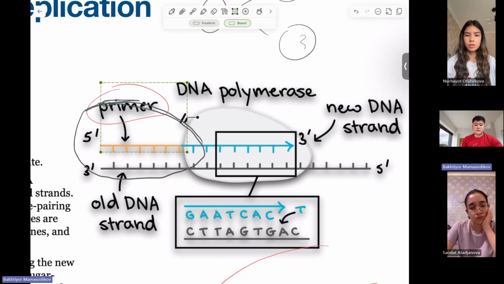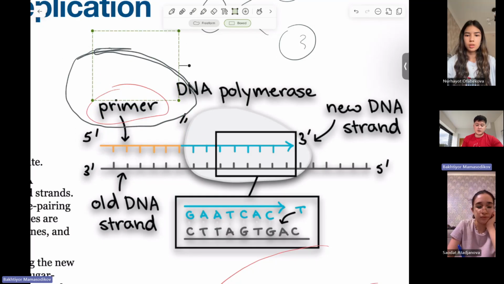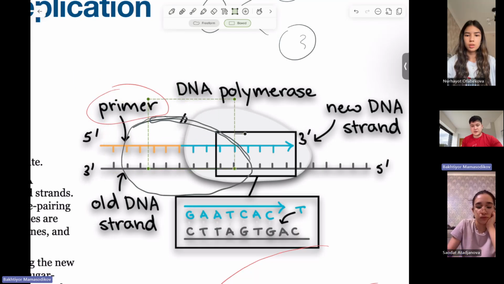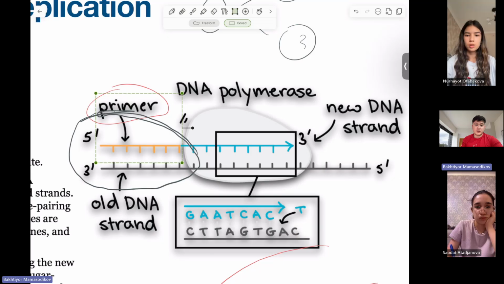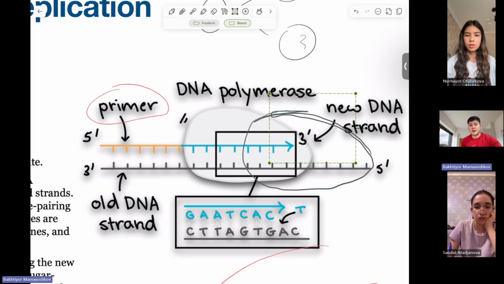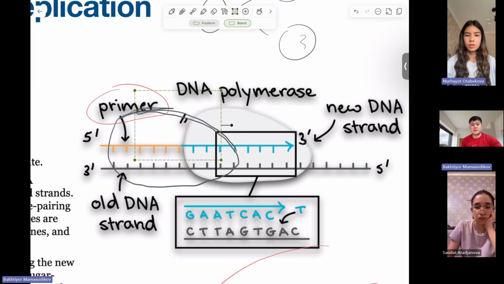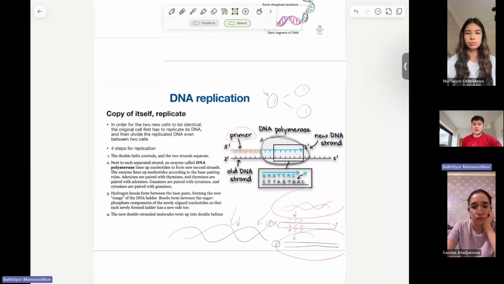This is the origin of replication. This is the start of the replication. First of all, DNA polymerase is going to sit on the primer, and then it's going to move. The primer is a set of nucleotides where the DNA polymerase is going to attach to start the DNA replication. Okay? This is the primer. This is the place where DNA polymerase first sits. Any questions?